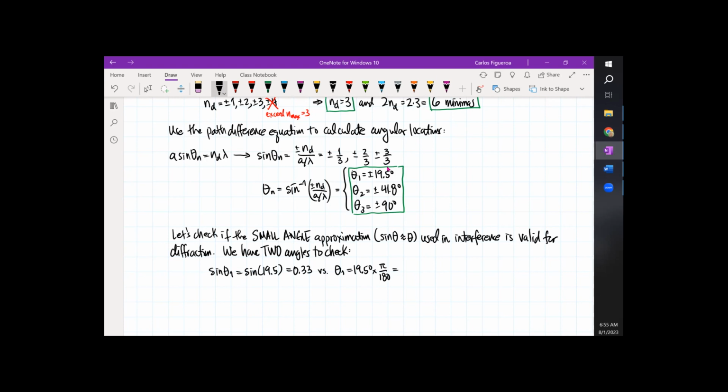So this now is 0.34. When I look at this, you can see that this matches up pretty well when you're close to the central max. So I would say that this is a good approximation.